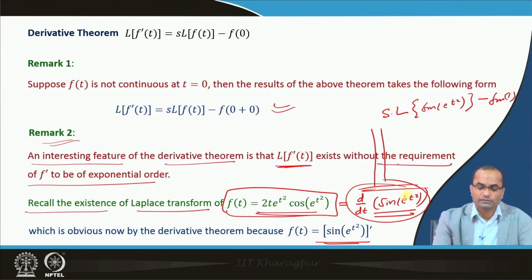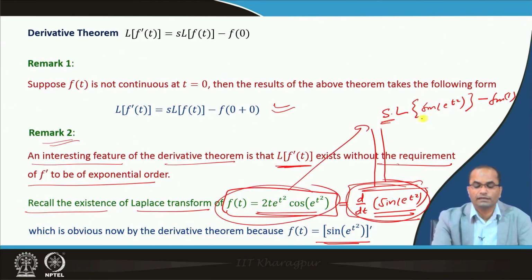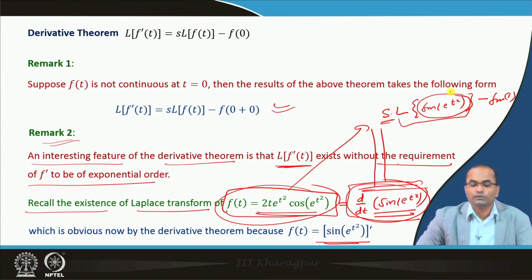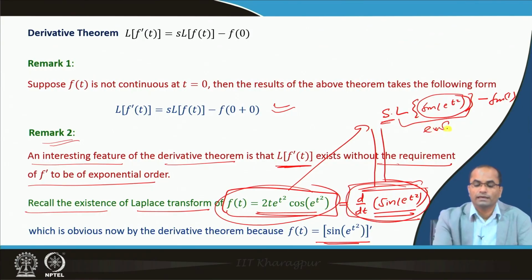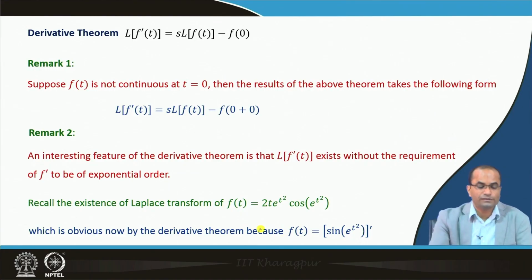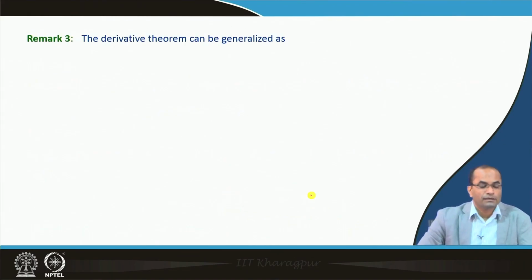So, the existence of the Laplace of this function now is clear from here, which says that it is s times the Laplace of this function, which is a continuous function of exponential order. So, the Laplace exists here and then minus sine 1. That is obvious now from this derivative theorem, the existence of, for instance, the Laplace of this function.